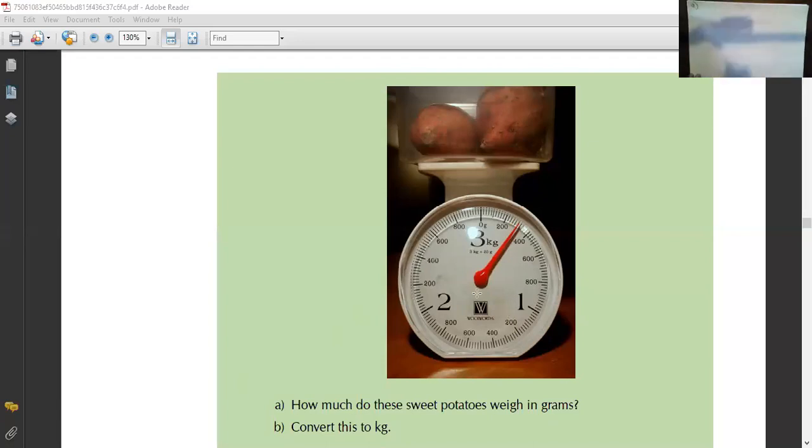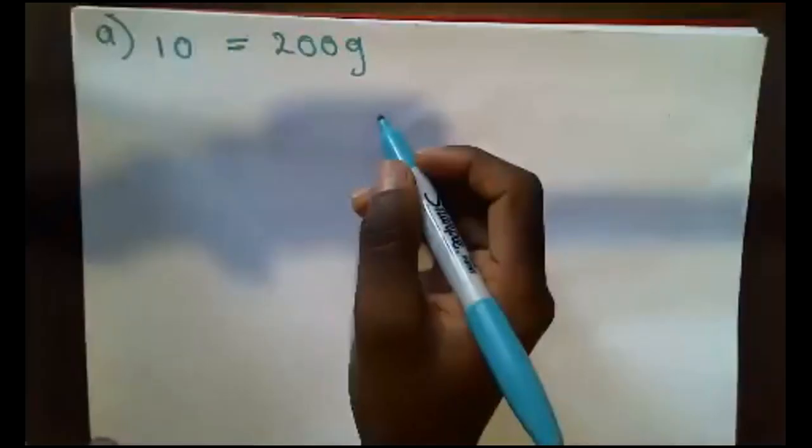So like I said, guys, from 0 to 200, there are 10 divisions. So we are saying 10 divisions is equal to 200 grams. We need to figure out how many for each division.